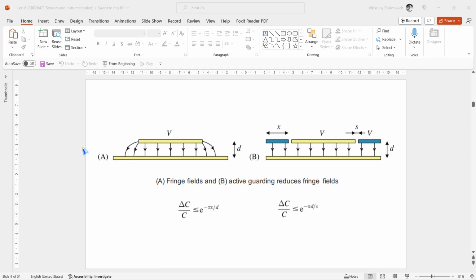However, since the guard electrode has finite dimensions and the gap width isn't zero, a residual error occurs here. This error depends on the dimensions of the guard electrode and the gap width. It's usually expressed by these two inequalities, where D is the plate distance and X is the width of the guard electrode, as you may see on these pictures on both sides.